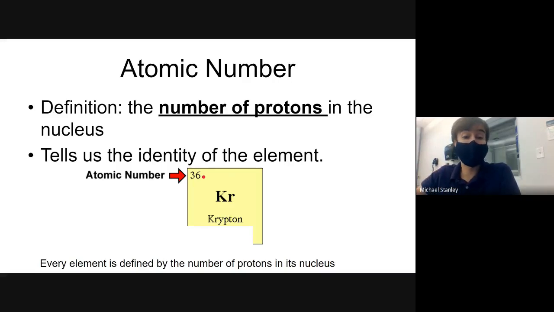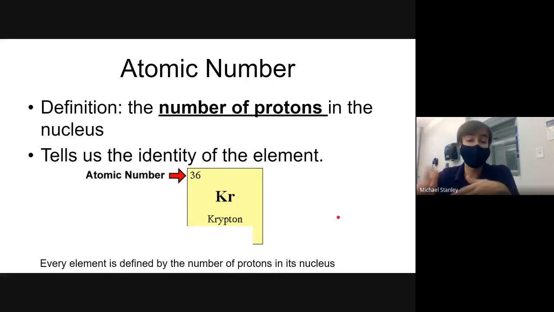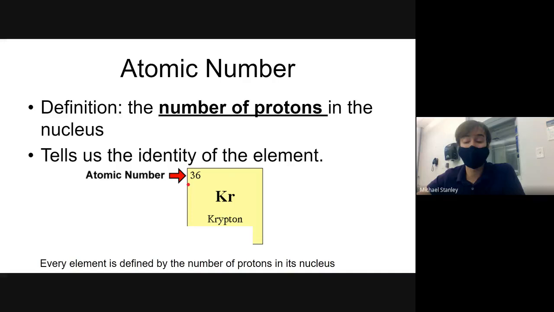Every single atom in the periodic table has a different number of protons. So no 2 atoms overlap in their proton number. If you have a different number of protons than something else, then you have to be a different atom. But again, the main thing is that this number up here tells us how many protons we have.